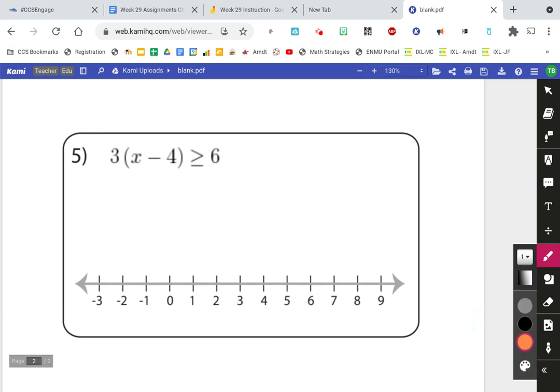Now, I hope that we remember with this type of problem, the first thing we're going to need to do is to distribute. Make sure, guys, that you are able to distribute. When we distribute, remember that means we're going to give out this 3 to the x. And when I say give out, I mean we need to multiply.